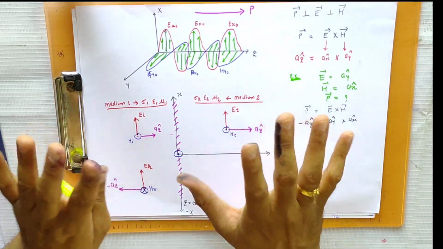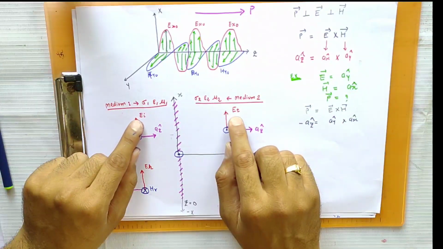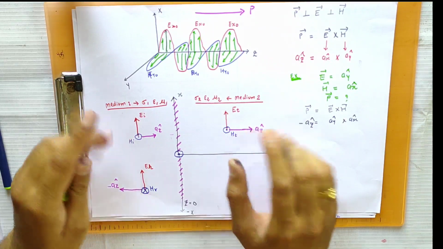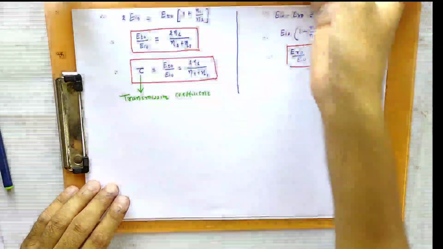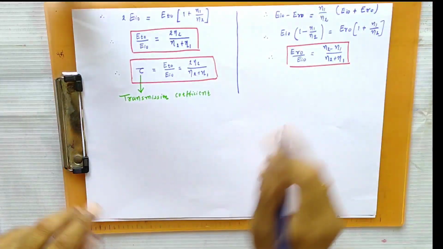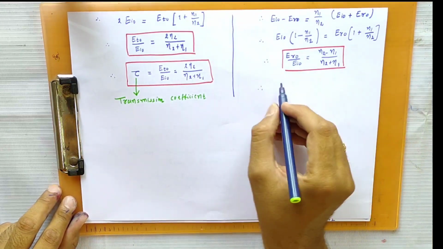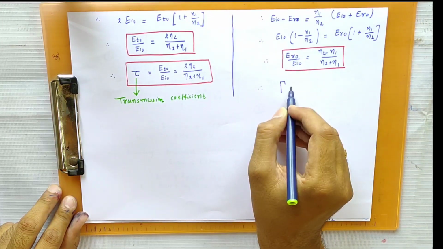Clear? It's not compulsory that you only consider the electric field. You can consider the magnetic field also, and we will get the same equation. The reflection coefficient is denoted using capital tau.